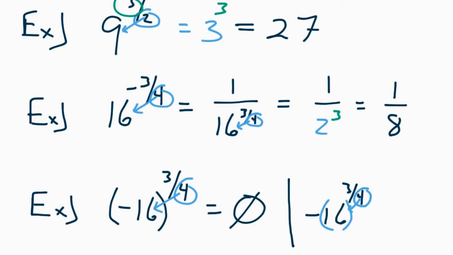Now, this can be done if you want to do this problem. We're going to end up with a 2 to the 3rd power, which comes out to be 8. But again, this negative sign really is just saying that my final answer is going to be the opposite of this value of 8. Okay, so be careful about where and how the negative sign is being used.